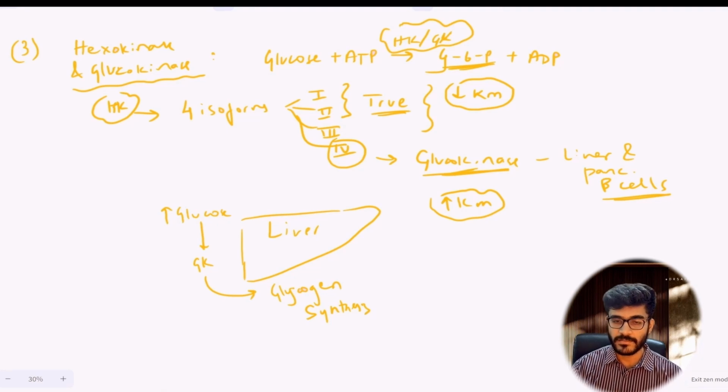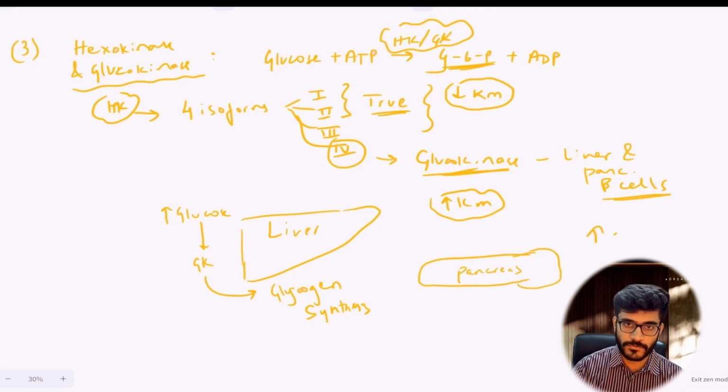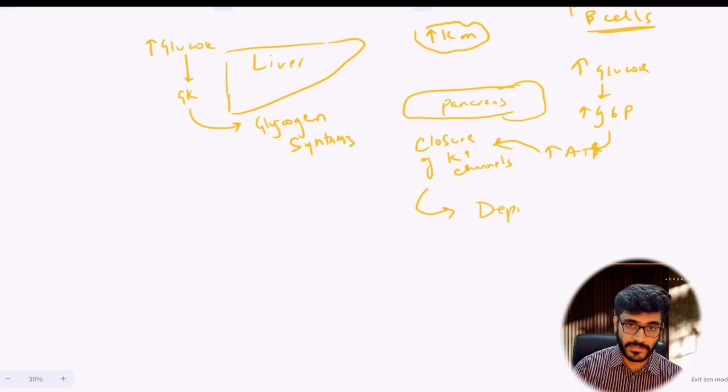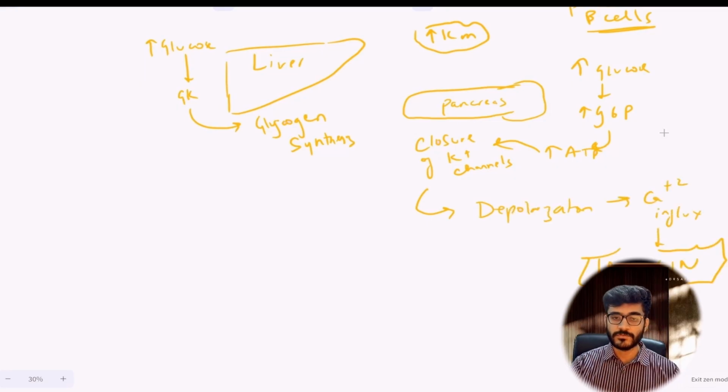Pancreatic beta cells are the primary glucose sensors for insulin release. High glucose makes more glucose 6-phosphate, and this leads to increased ATP, and this leads to closure of potassium channels, which leads to depolarization, calcium influx, and insulin secretion. So glucokinase has a very important role in insulin secretion.